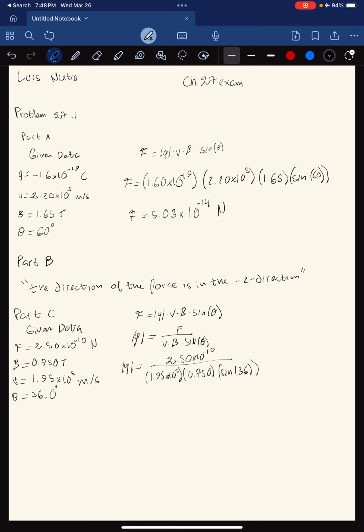If we get that to the calculator, the absolute charge is going to be 2.91 times 10 to the negative 15 coulombs. Perfect. Now we'll go with part D.